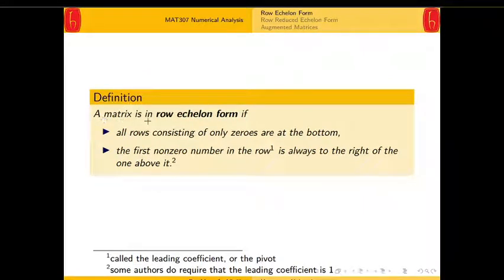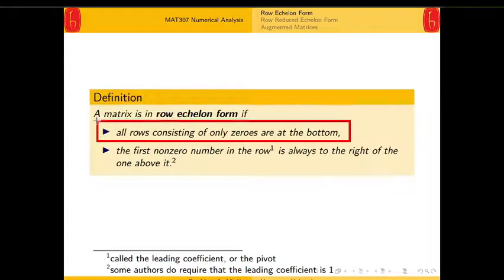A matrix is in row echelon form if all rows consisting of only zeros are at the bottom. So, zero rows will be at the bottom of the matrix. And secondly, the first non-zero number in the row, which is also known as the leading coefficient, is always to the right of the one above it.